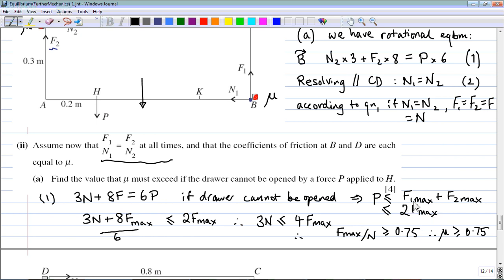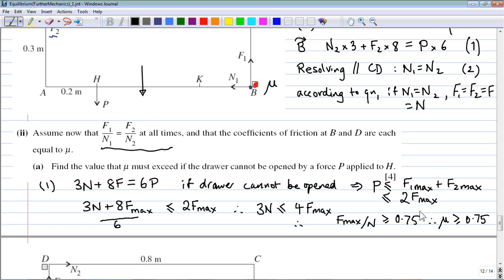So that means P will be less than the maximum possible values of the friction. Then we substitute that in equation 1 and we get a relationship between the maximum friction and the contact force, which itself gives us a minimum value for the coefficient of friction mu. Okay, hope that's pretty clear.